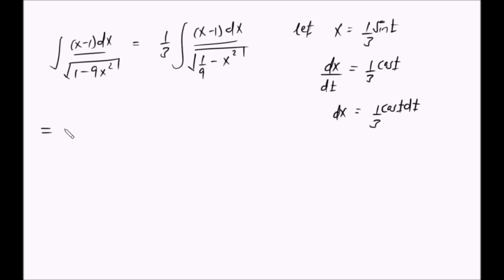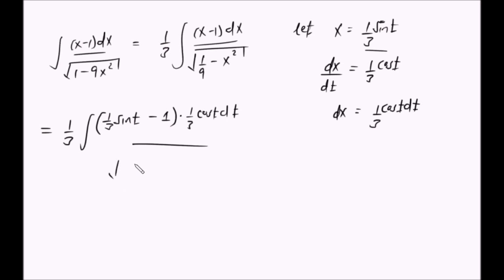Kwa hiyo sasa itakuwa integral yetu ni 1 over 3. So we have x minus 1, lakini x ni huyu sasa. X ni 1 over 3 sin of t minus 1 times dx, lakini dx ni huyu huku sasa. 1 over 3 cos t dt over the square root of 1 over 9 minus x. X ni huyu 1 over 3 sin t squared. Like this.